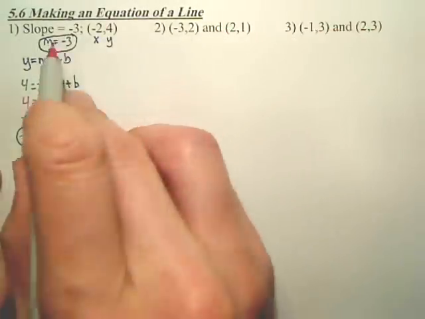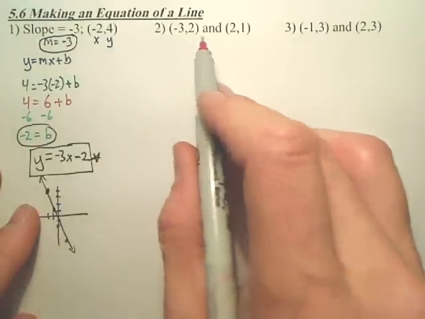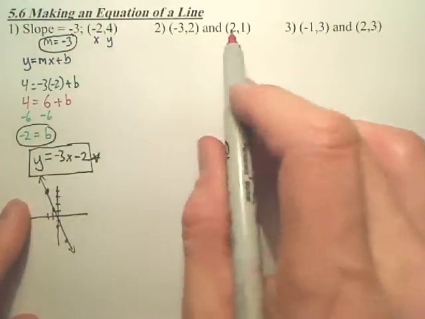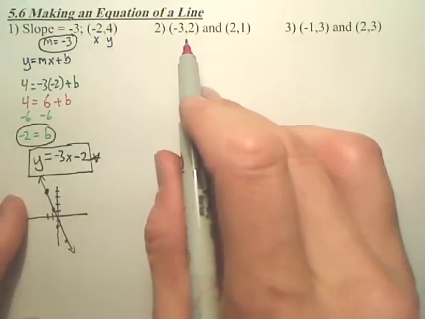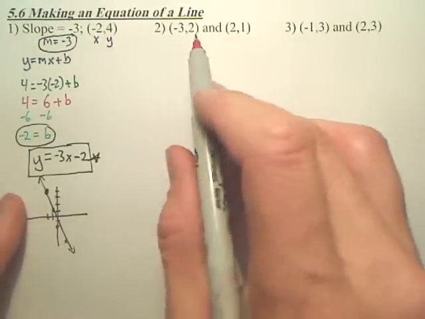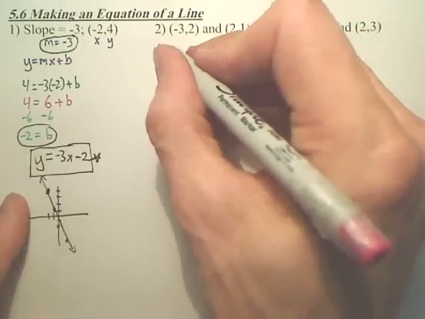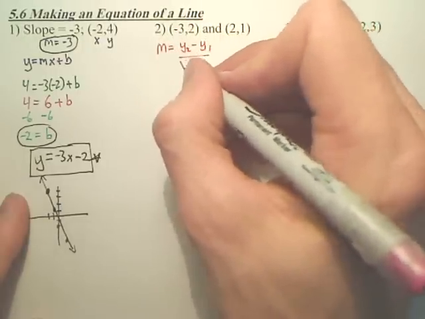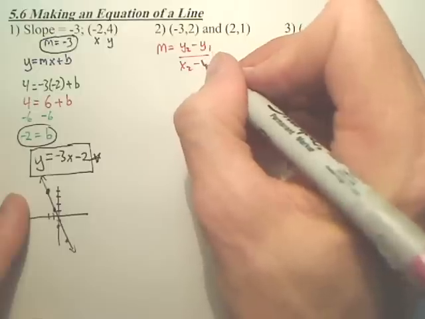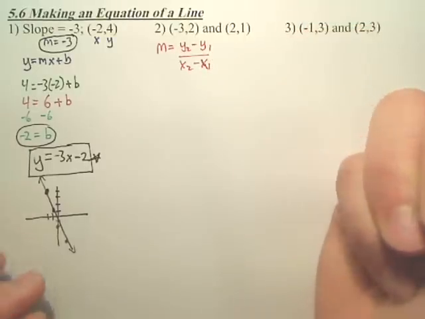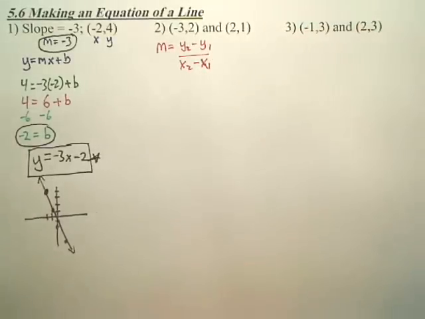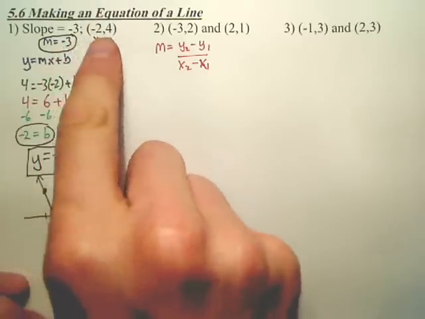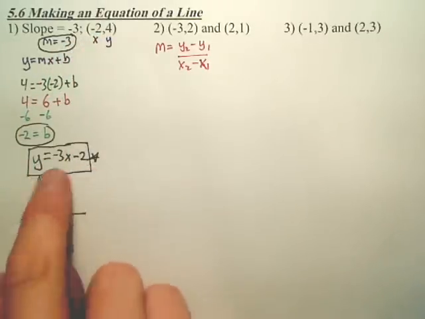Next, I want to find the equation of a line that goes through these 2 points. In order to find the equation, I first need to use this formula to find the slope between these 2 points. Once I find the slope, I then use the slope and one of the points to find the equation.